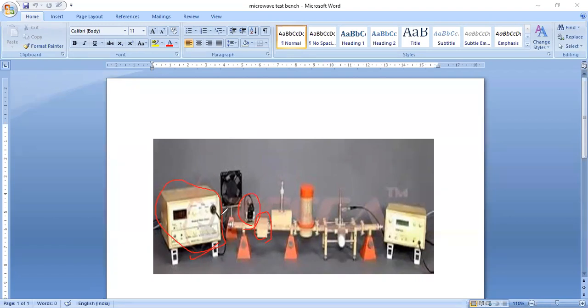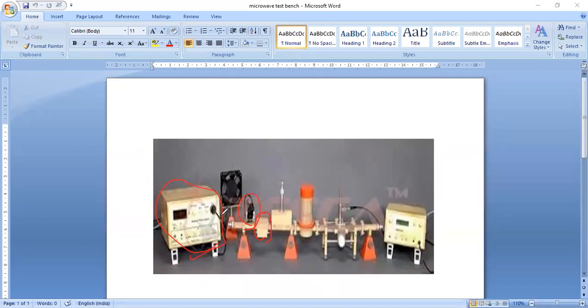Normally, a reflex klystron power supply consists of two voltages. What are the two voltages? We have already studied in the theory of construction of the reflex klystron. It has beam voltage. From the cathode, the electron beam has to come with a constant velocity. The high velocity electron beam should come. So we require the beam voltage.